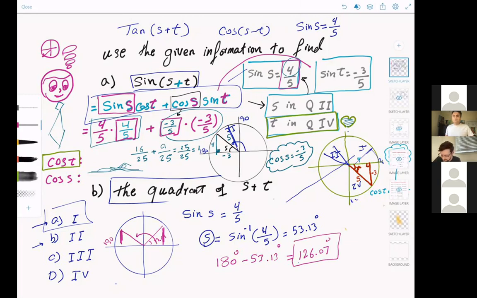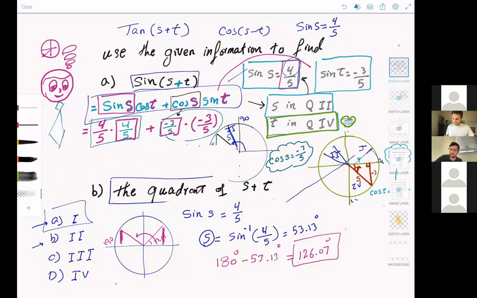We do the same thing for T. Can you tell me what degree T is, in 2 decimals? We know T is in quadrant 4. What degree is that?